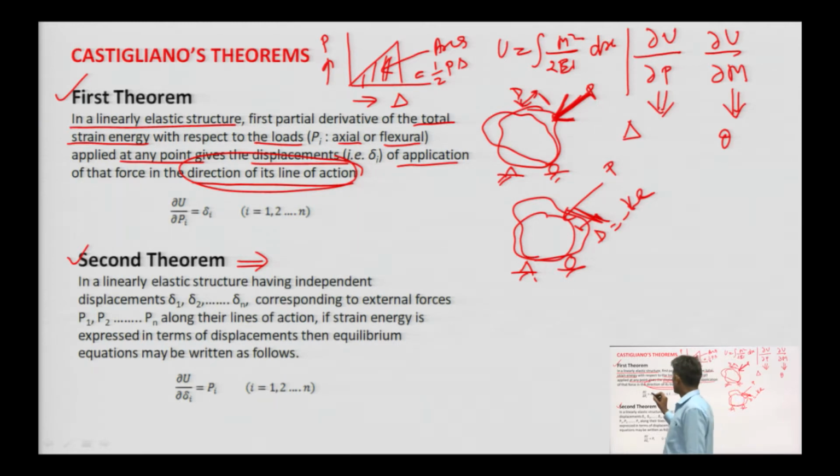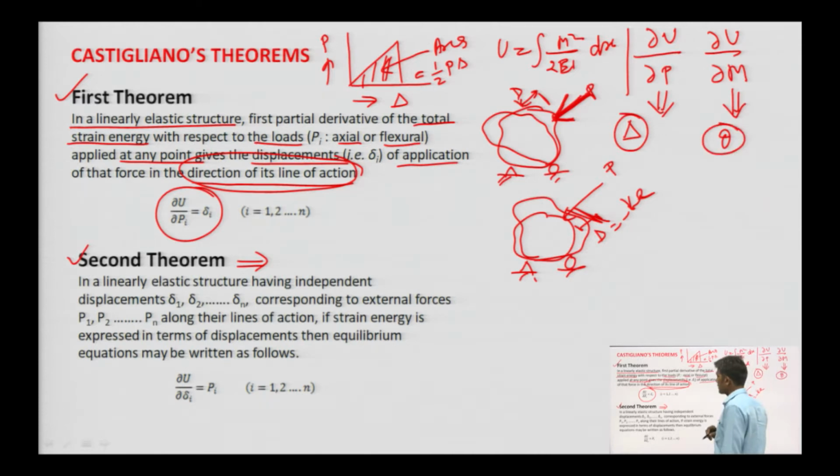So, this is theorem number 1: del U by del P, for any number of loads, gives the displacement. Delta may be horizontal displacement, vertical displacement, or slope. This first theorem is used to find displacement.